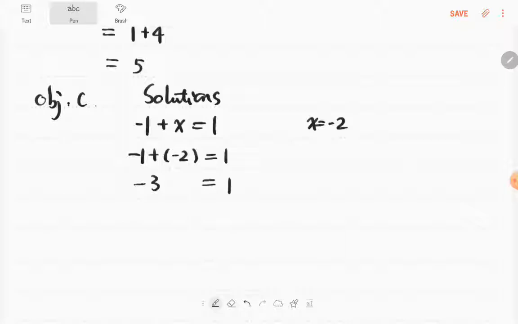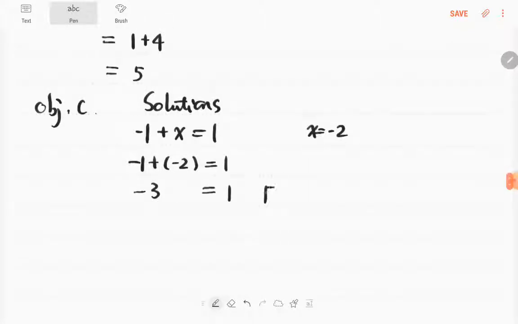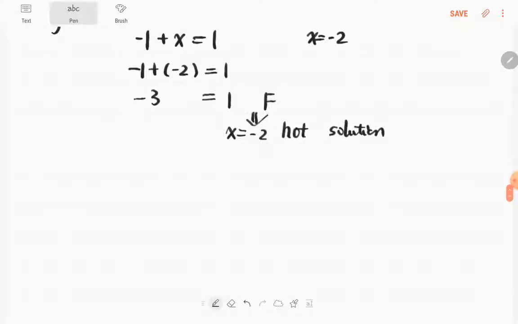So let's check the statement. Is that true or false? We can easily get it. It's false. So if it's false, we can get the conclusion: x equals -2 is not the solution. Okay?